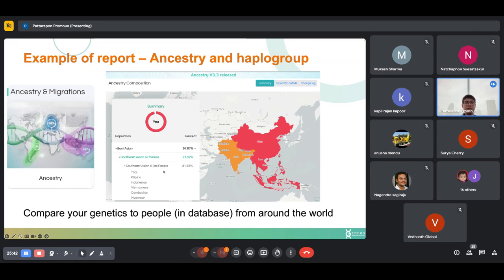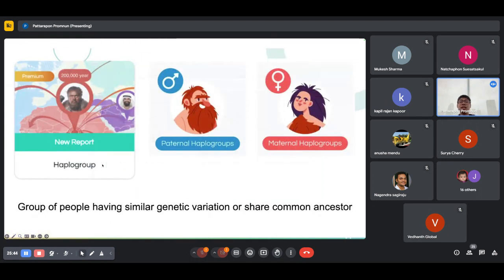This is the first report of ancestry, and this is the second report about ancestry, haplogroup. Actually, a haplogroup is a group of people that have similar genetics, a group of genetics that share a common ancestor.